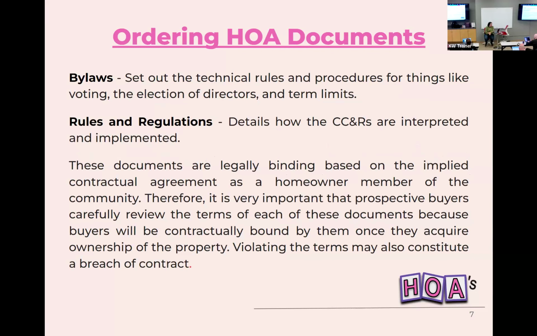So next up is the bylaws. These are going to have a lot of the technical rules and regulations, not so much the actual rules and regulations, which are really easy to read, like don't smoke, don't have a pet bigger than this, don't use a grill. Bylaws are going to be a lot more talking about if you can allow rentals and what those rentals look like. Do you need leasing terms?